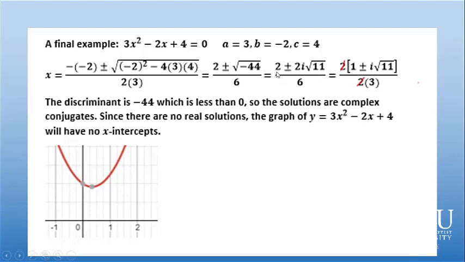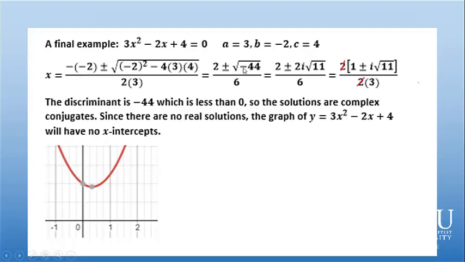If we factor a 2 out of the numerator and the denominator, the 2 divided by 2 is just 1, so that cancels. So our final answer is 1 plus or minus i times the square root of 11, all over 3. Or you could write it as 1/3 plus or minus 1/3 times i times the square root of 11. Those are the complex conjugate solutions to this quadratic equation.